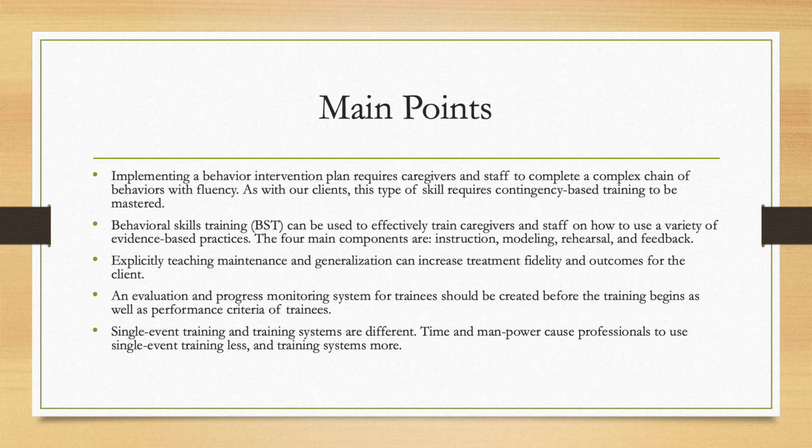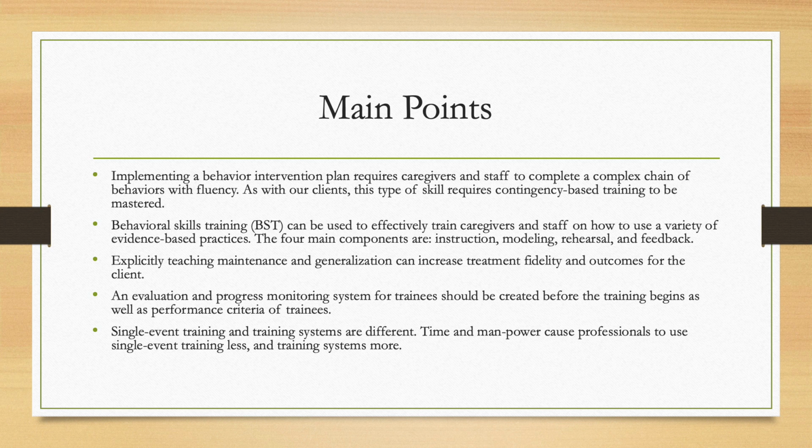And the last main point is there's two different types of training. I've kind of been hinting at this. A lot of the main points I've discussed so far have mainly been looked at in single event training. So single event training is essentially using a BST to teach a single skill.